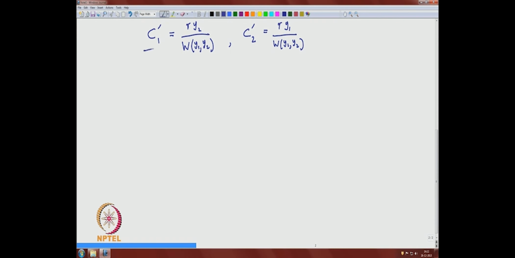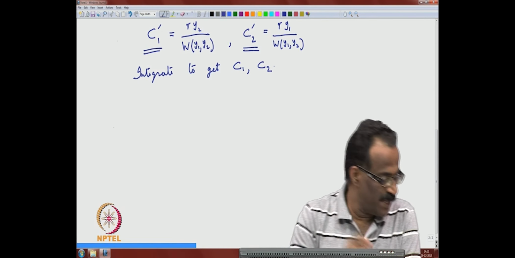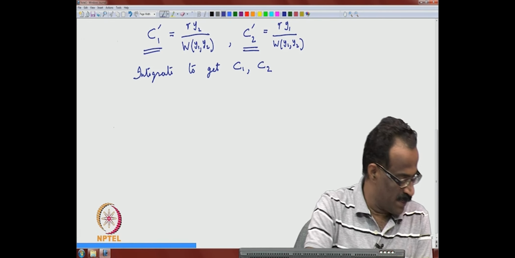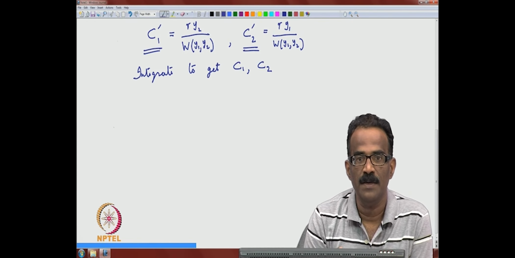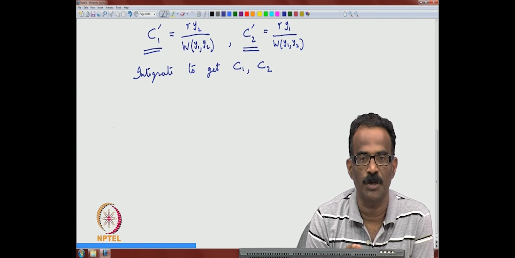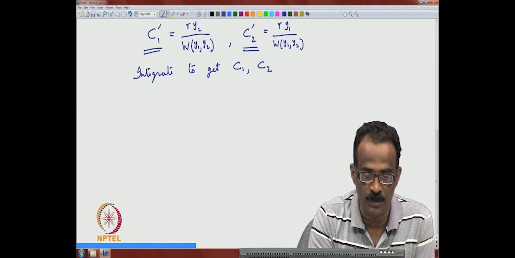And so, you get C 1 prime and C 2 prime, and integrate to get C 1 and C 2. So, this is a very general method, and what it shows is that to determine a solution to the non-homogeneous equation, again we need to know two independent solutions.